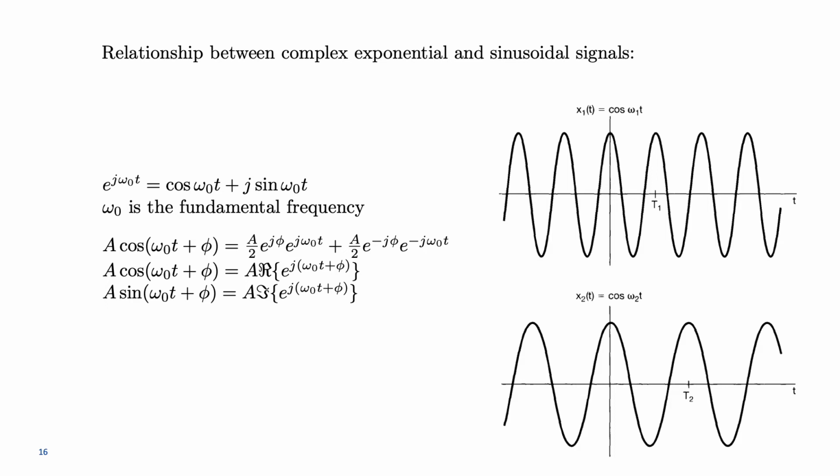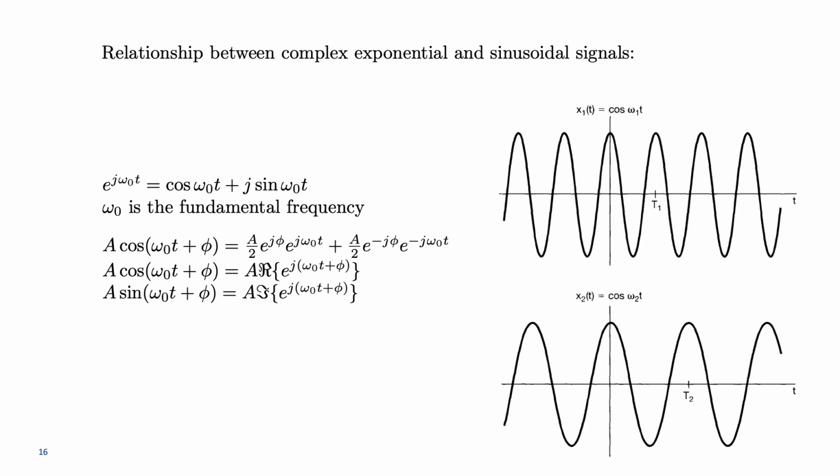So all of this is to say that a complex exponential, e to j omega 0 t, has a real part and an imaginary part, and both of them are sinusoidal. The real part can be written as a cosine and the imaginary part can be written as a sine. So they look like those in the figure. In this case, obviously, the frequency omega 0 will regulate the behavior of the cosine and of the sine.